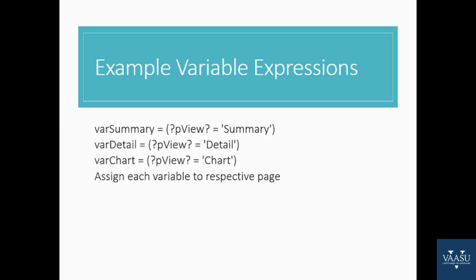A common mistake everyone makes is using a single equals sign instead of a properly structured comparison. We can also have a combined condition, for example, p_view equals summary and p_region equals west, so we can combine conditions and make both appear.